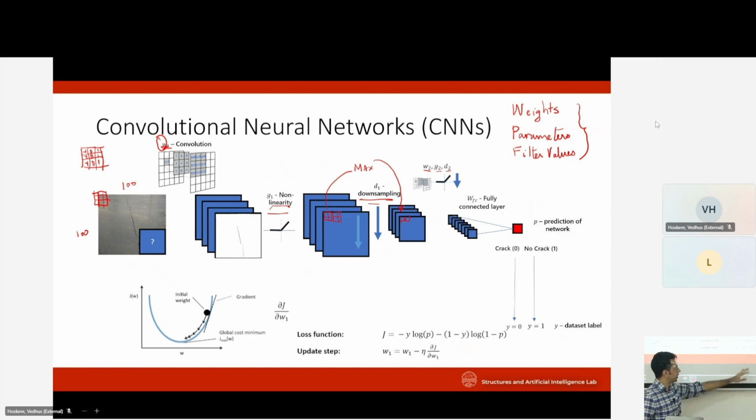So computing this derivative is not so straightforward. It's easy to do with modern packages, but any ideas how you can compute this derivative?